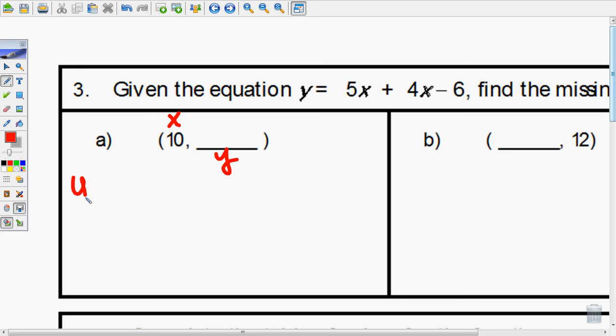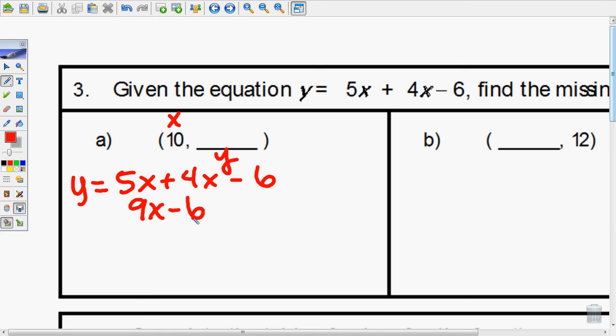All right, so Minion brought up a good point. If I have 5x plus 4x minus 6, could I simplify that before I plug in? Yes, because I have like terms. They simplify to 9x minus 6. So instead of plugging in x multiple times, I only have to plug in x once.